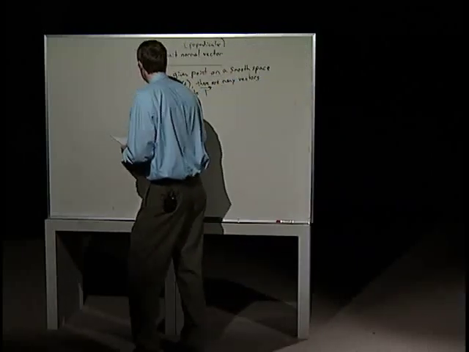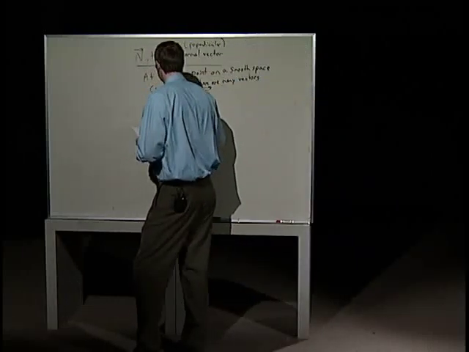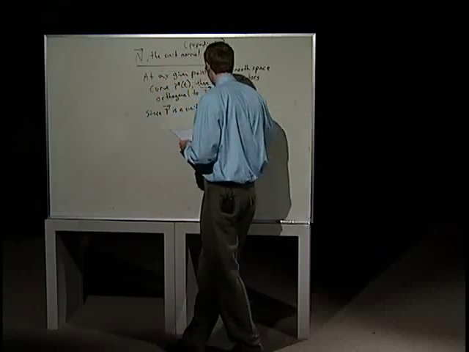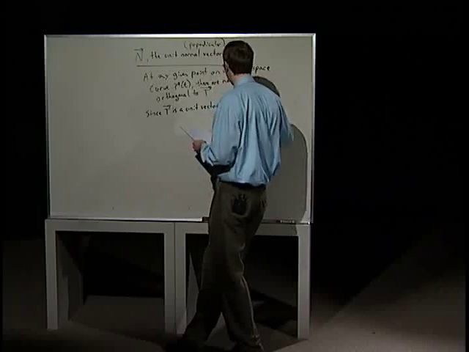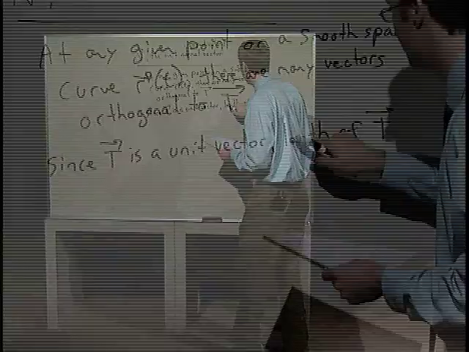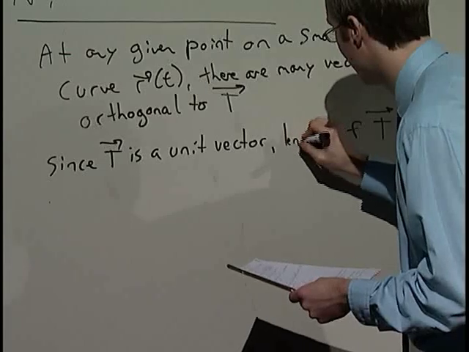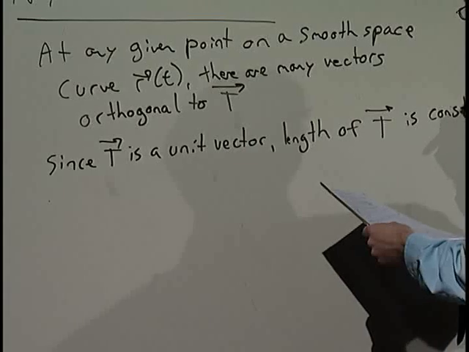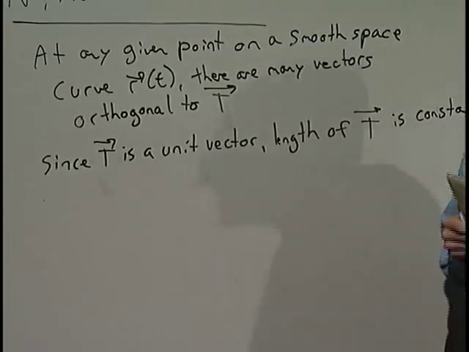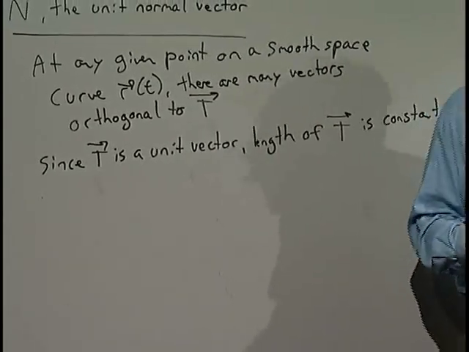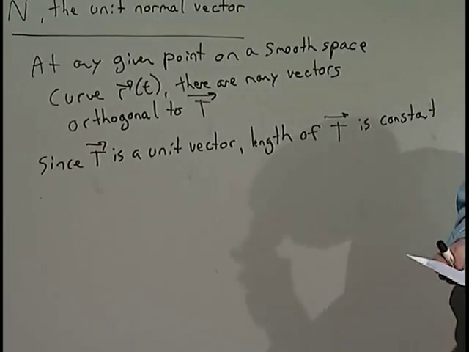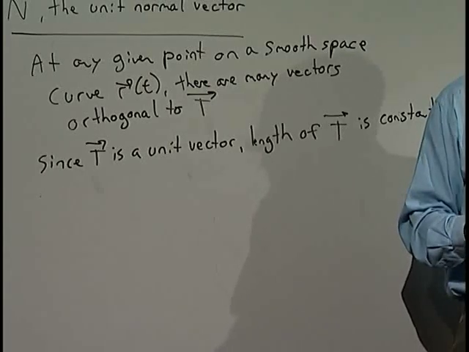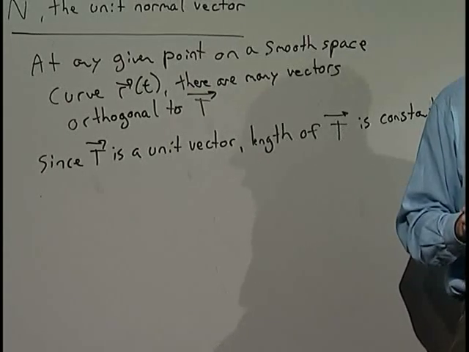Well, since T is a unit vector, then the length of T is constant. And if we think back to the important result from vector-valued functions, or one of the important results we learned, it was that if you have a vector of constant length and you dot it with its derivative, then you will always get 0.